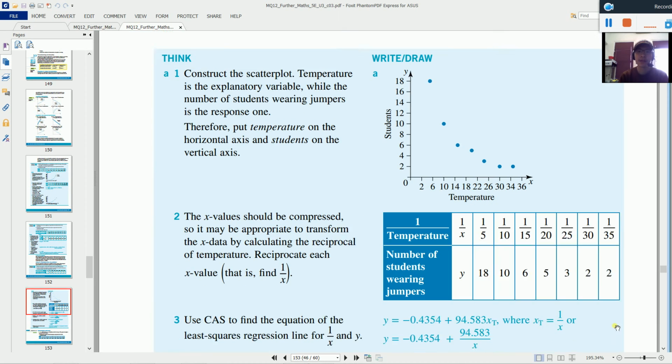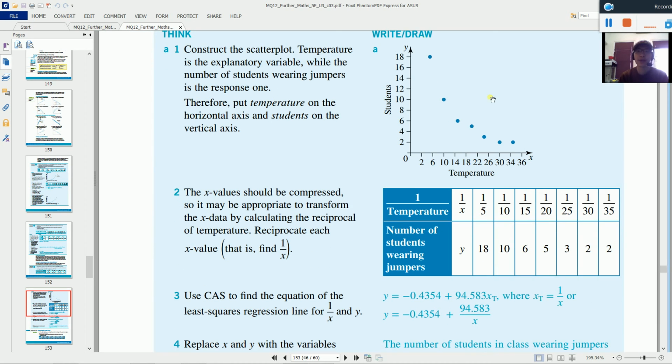If we plot the graph, it looks like a curve coming down, and this is not the best. We would like to take action. The problem is the temperature value is too far down. We can bring those values back if we compress the x value, then you would make it more linear.